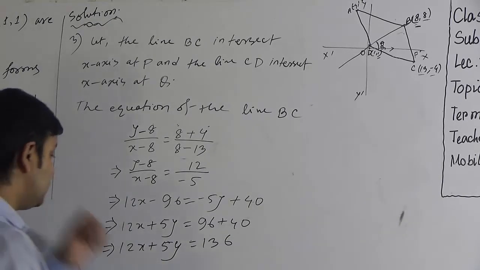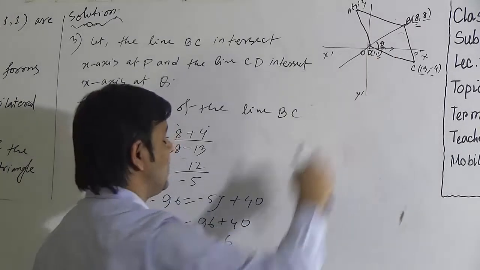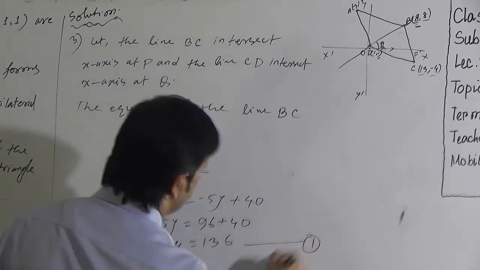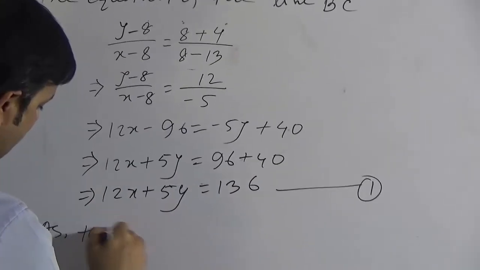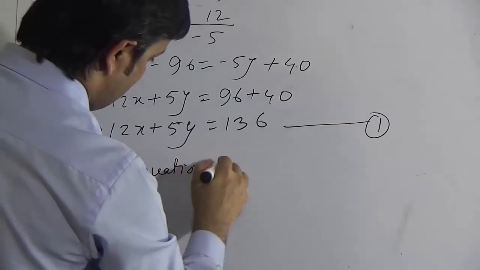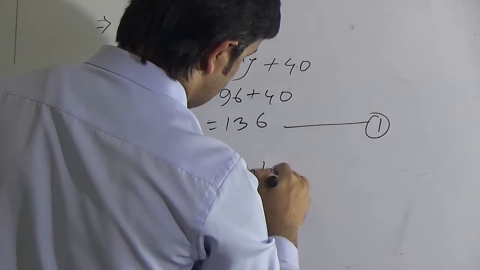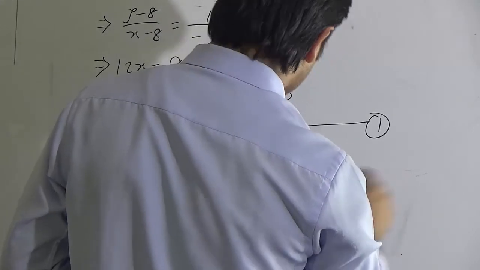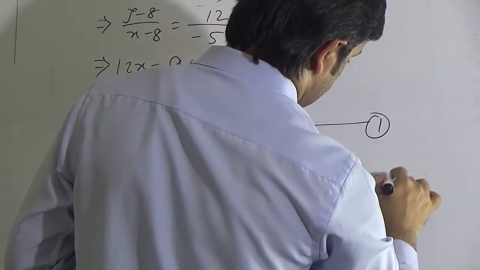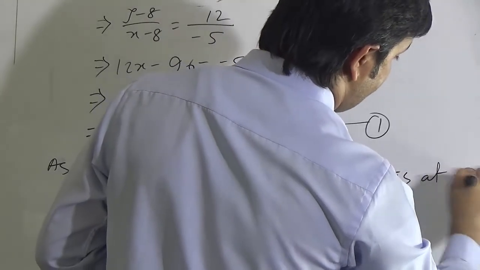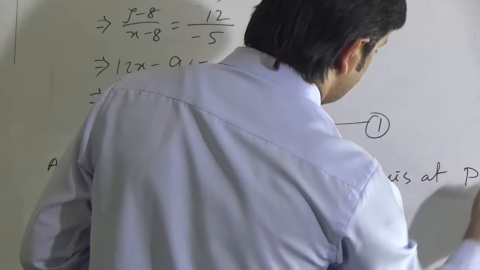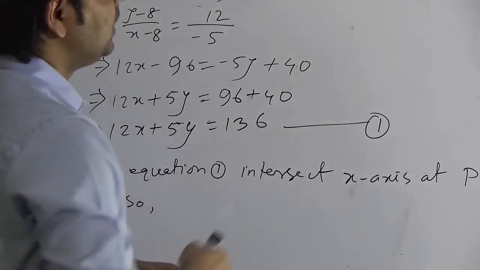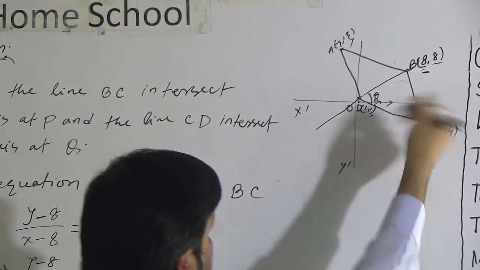Now this straight line, equation 1, intersects the x-axis at P. You know that on the x-axis the value of y is 0.